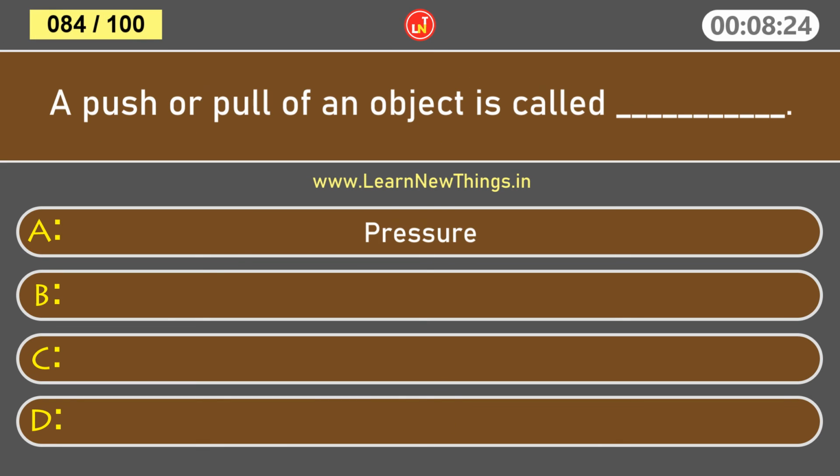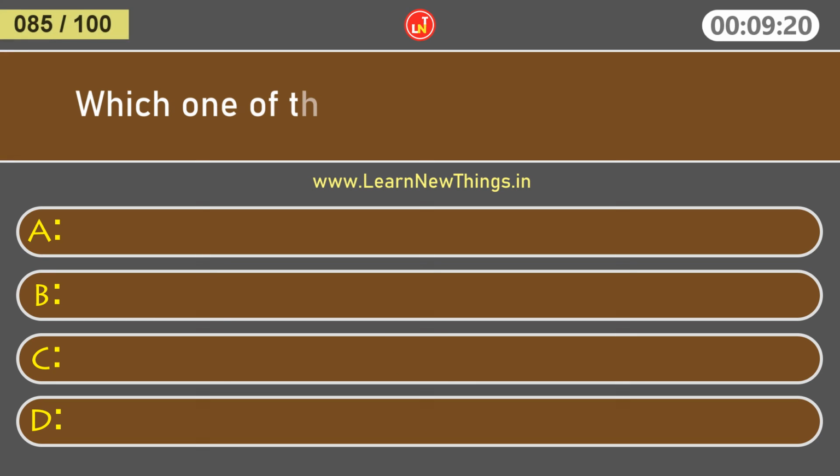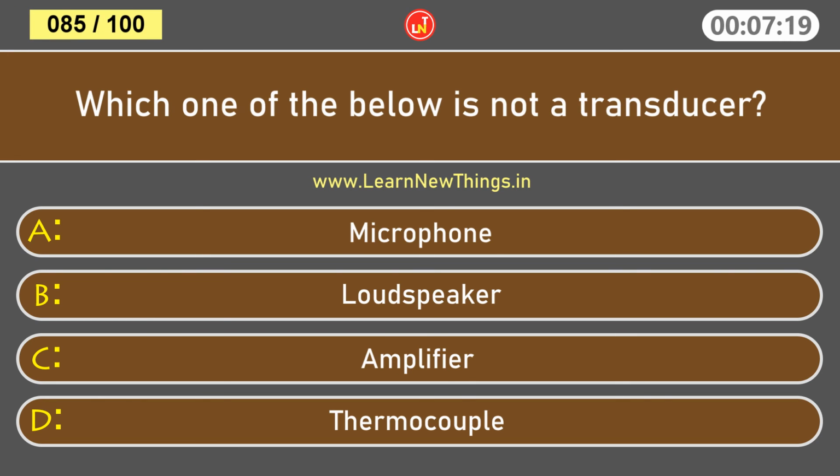A push or pull of an object is called dash. Force. Which one of the below is not a transducer? Amplifier.